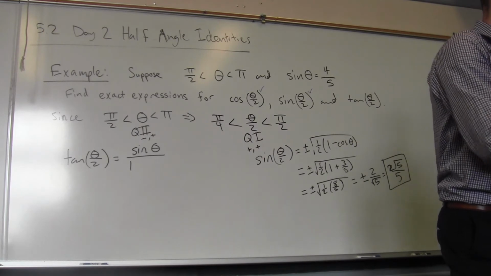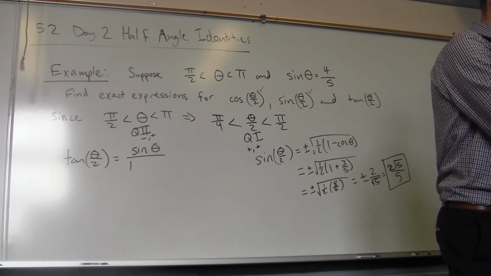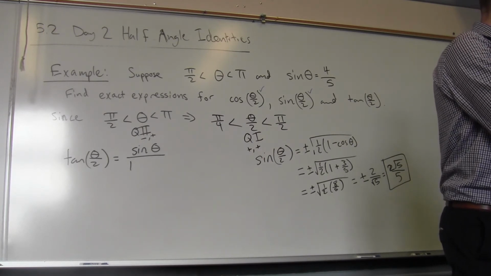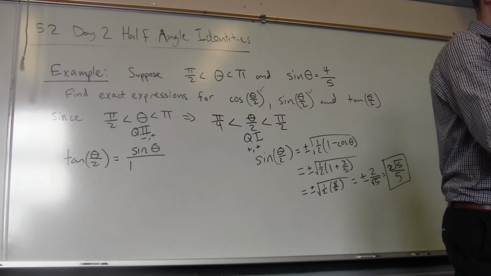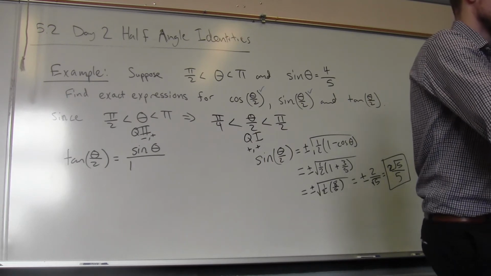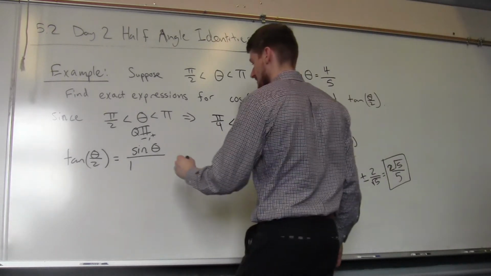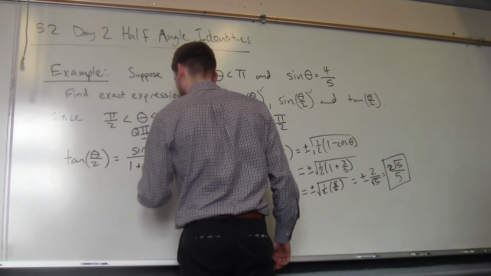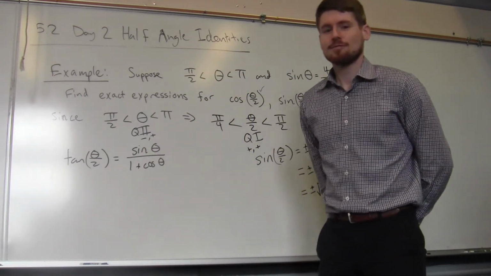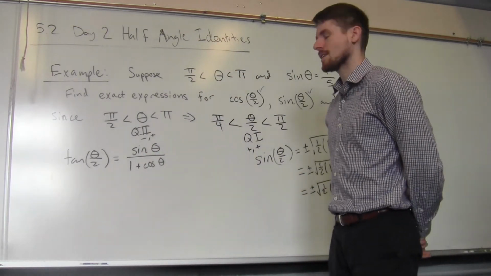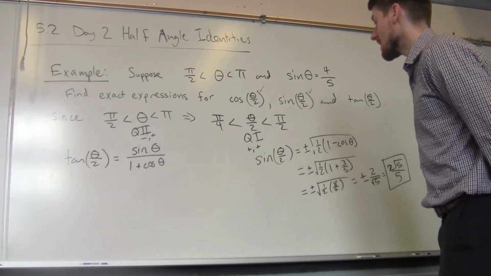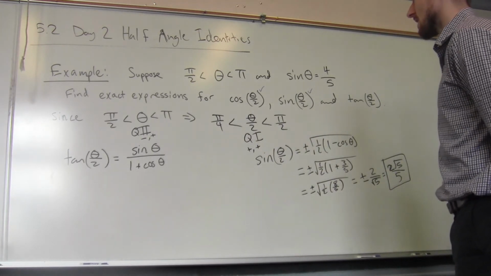When in doubt, look it up on the internet. You can always look these up on the internet, children. Sine over 1 plus cosine. Great. Forever memorialized: I forgot that identity. All right, so sine of theta over 1 plus cosine of theta.